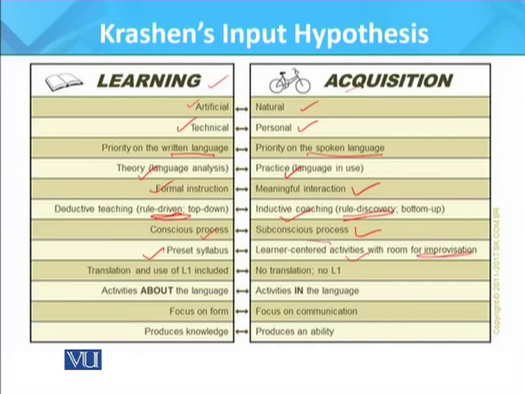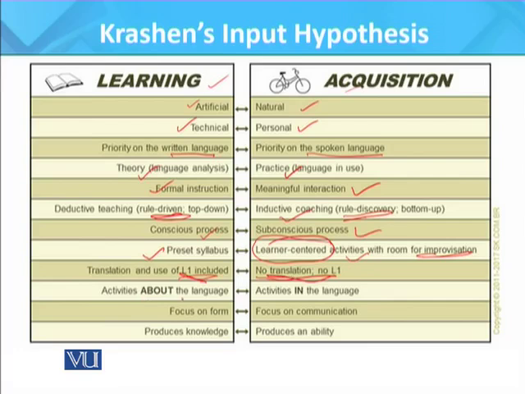So here the acquirer is in charge of the learning process. In learning, you have translation and use of L1. But in acquisition, when you're acquiring a second language, there is no translation and no first language.